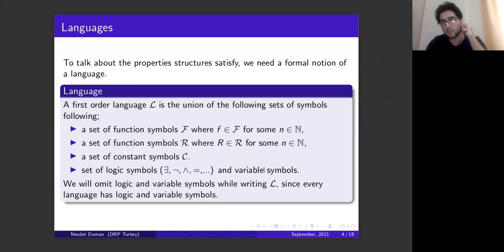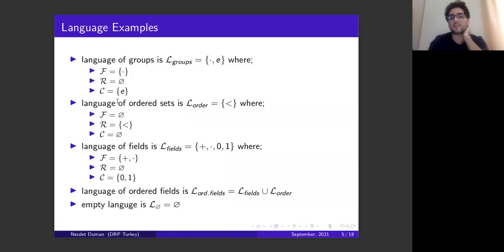The last part, logic symbols and infinitely many variable symbols, we will most of the time take for granted, and we will just omit them because they are the same in every language. So we won't really write them down. The first order part means we will only consider the properties which quantify over elements of our universe and not subsets of our universe. There are some language examples here.